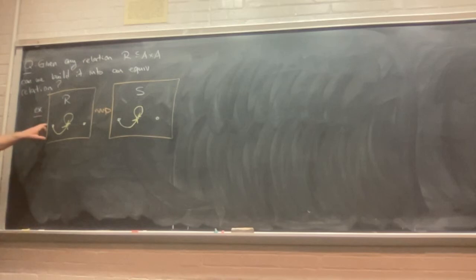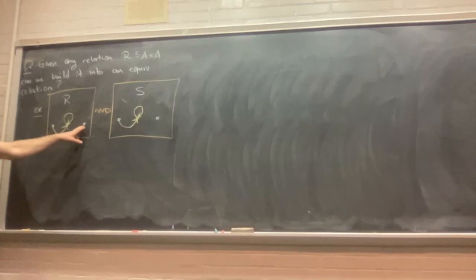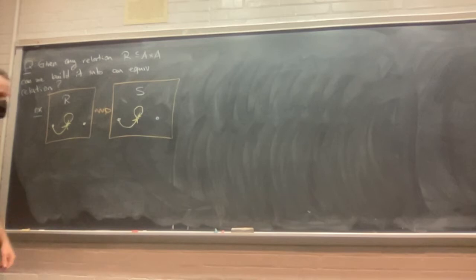And then this is not an equivalence relation at the moment, right? Because notice there's no loop on this point. So this point is not related to itself. There's no loop on this point. So this is not related to itself. And also there's an edge going from this point to this point, but not back, right? But that means that we don't have symmetry there.